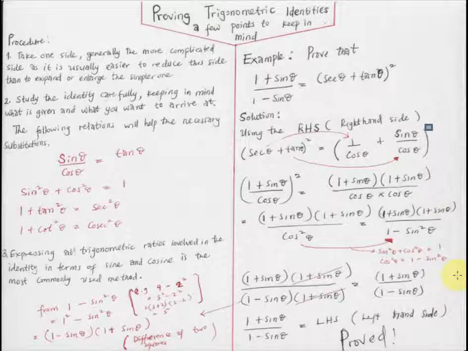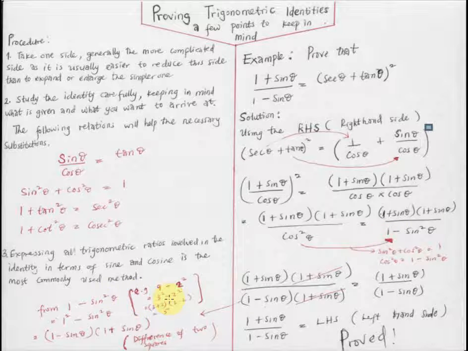Now 1 minus sine squared theta, we can rewrite as 1 minus sine theta, 1 plus sine theta. Why? This is also known as a difference of two squares, because we can write 1 as 1 square.